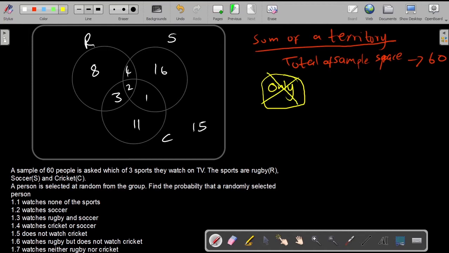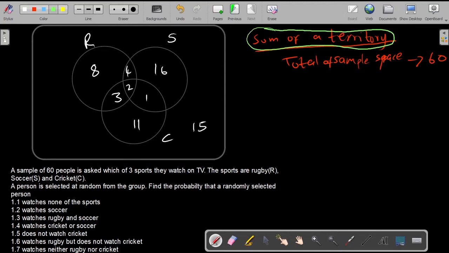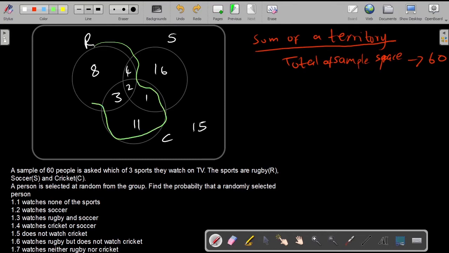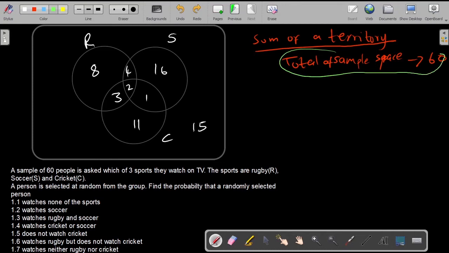And you'll see this in the questions as I go through them. So just keep this in mind: we are talking about the sum of a territory, or the sum of the people who fall under certain sections. We'll always be looking at a section and forgetting the rest, then dividing that section by the total of the sample space. So let's go right into the questions. I just keep this here so that we keep referring to it.